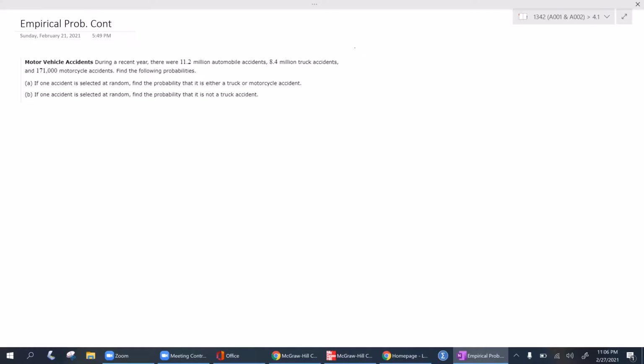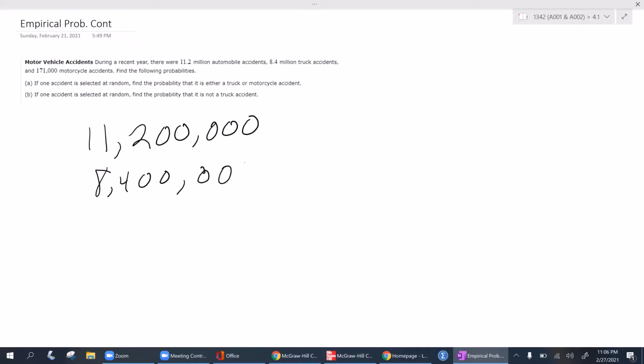One way you can approach this is 11.2 million, that is just 11,200,000. 8.4 million is 8,400,000. And 171,000 is just 171,000. So you can go ahead and add all of these up.